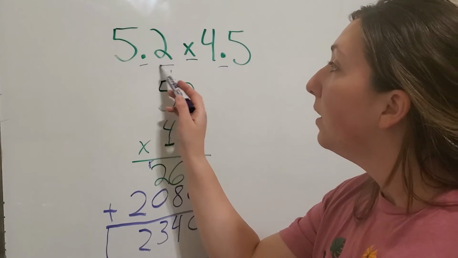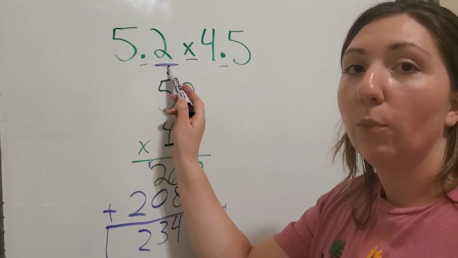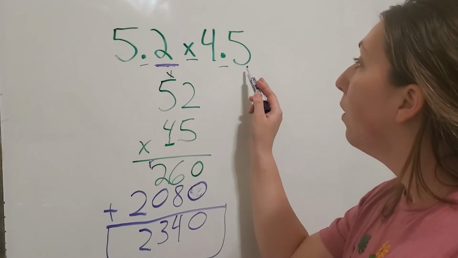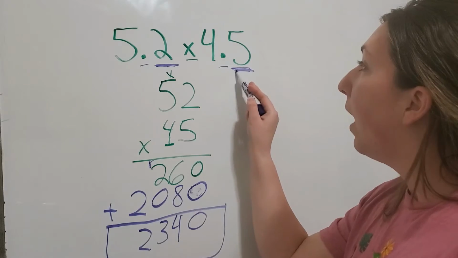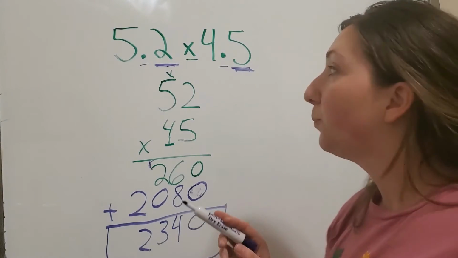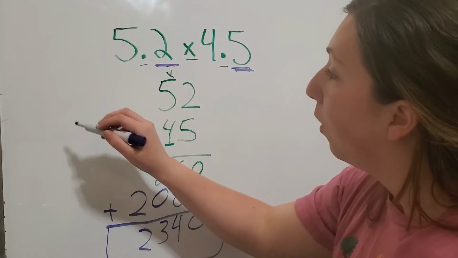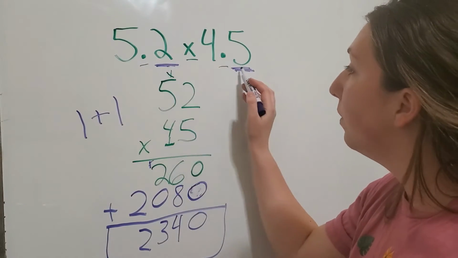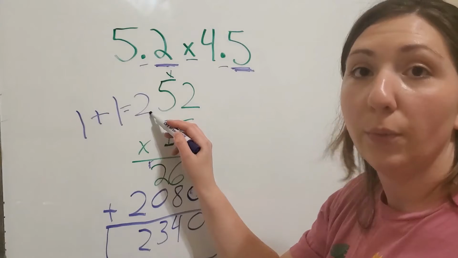We have 1 digit behind the decimal point in 5.2. What about 4.5, our other number? We have only 1 digit behind the decimal point. So we do 1 plus 1, and that's going to equal 2.